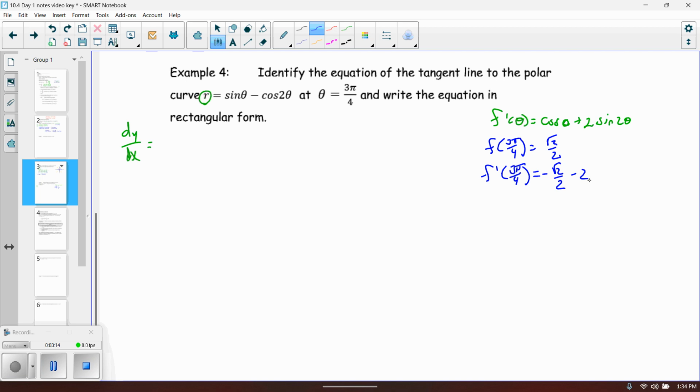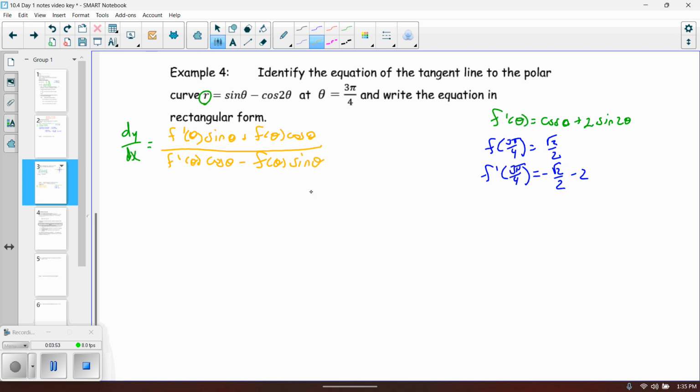We're going to need to utilize all of that information in our derivative. So let's find our derivative. We know that it's f prime of theta times sine of theta plus f of theta cosine of theta, all over f prime of theta cosine of theta minus f of theta sine of theta.